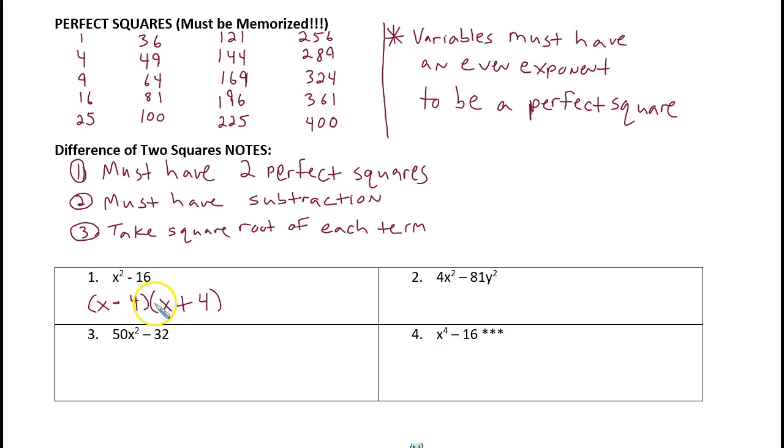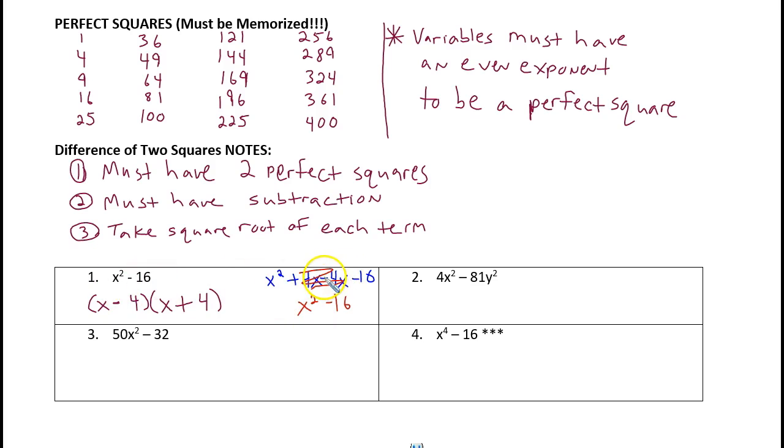Now, I'm not going to do this every time, but let's talk about why this works. When you multiply x times x, if you're foiling this out, you get x squared. The outside, x times 4 is 4x. The inside, negative 4 times x is negative 4x. And the last times the last is negative 16. And what you'll notice is that positive 4x minus 4x cancel each other out, leaving us with just x squared minus 16.